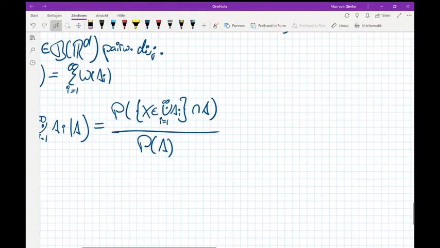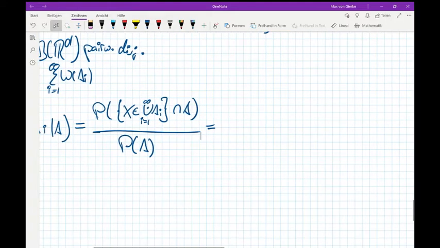Well, what can we do here now? We try to move this one out. So where we intersected with something here, and this is disjoint, the intersections of the particular sets with A are still disjoint.